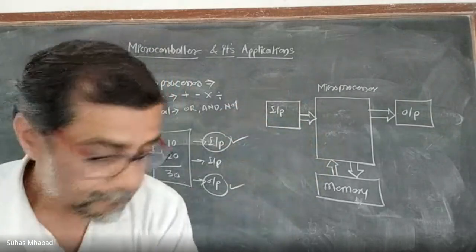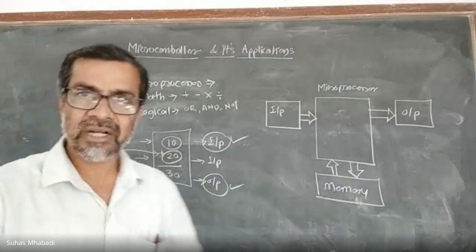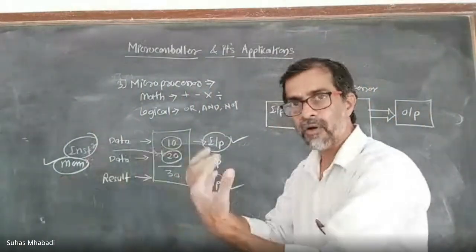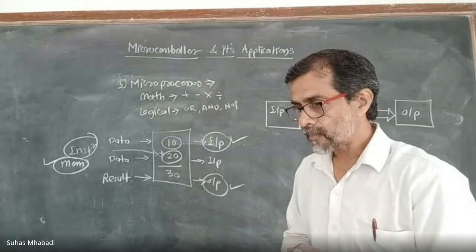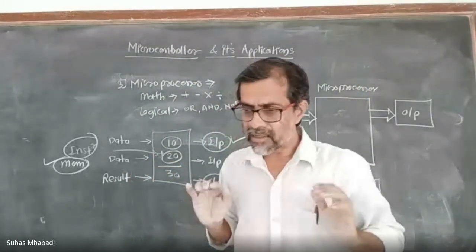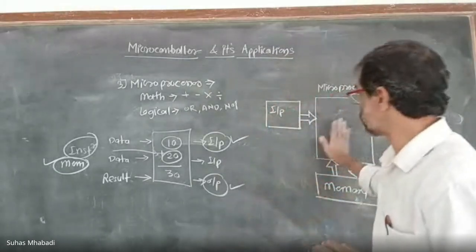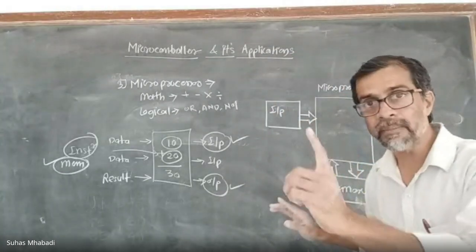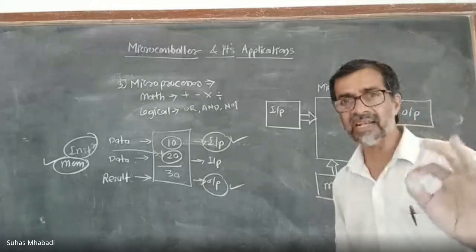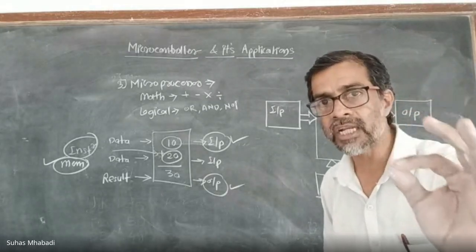Now what happens? This data, 10, 20, 30, 40, once I accept from the input device, before I go for processing, addition, subtraction, temporarily we must save that data in a processor. So in this processor, one segment must be there merely to store data for temporary purpose.